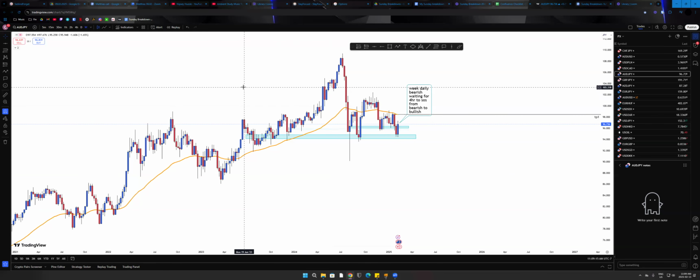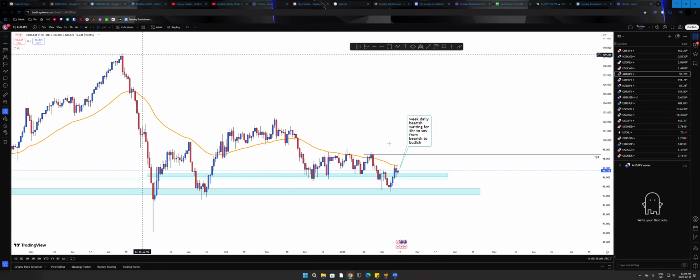AUDJPY. So basically, we rejected off the weekly level. We have a bullish engulfing, so we can look because overall it is bullish. This is the higher low, this is the higher high. We can look for a weekly wick pullback to at least this level on there. We have a rejection candle.